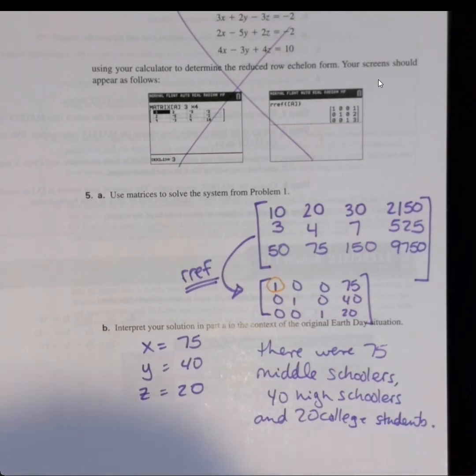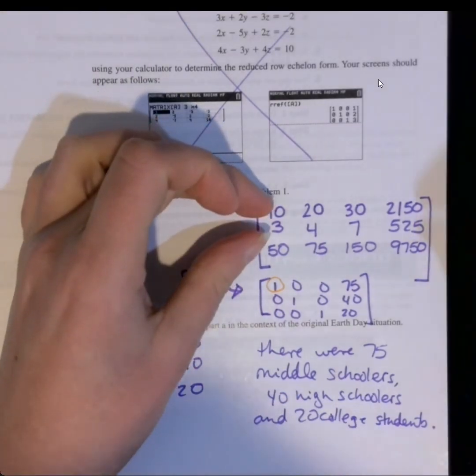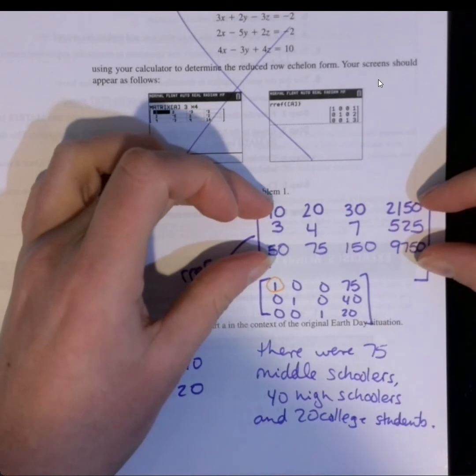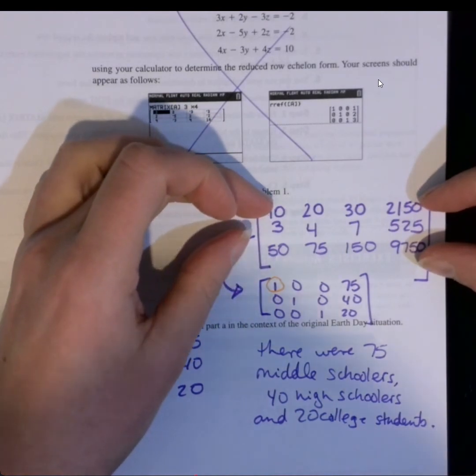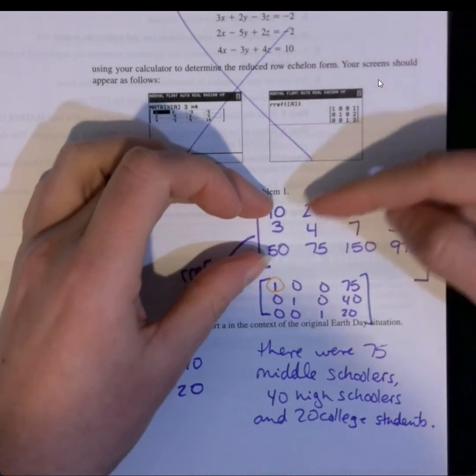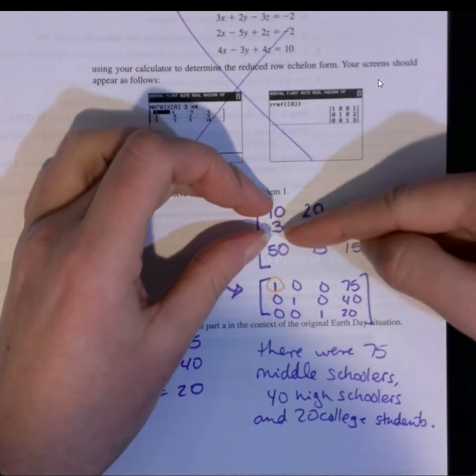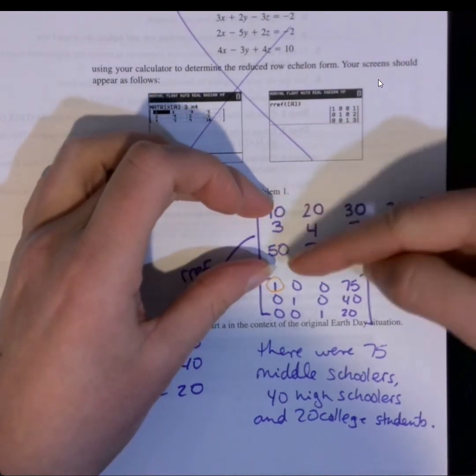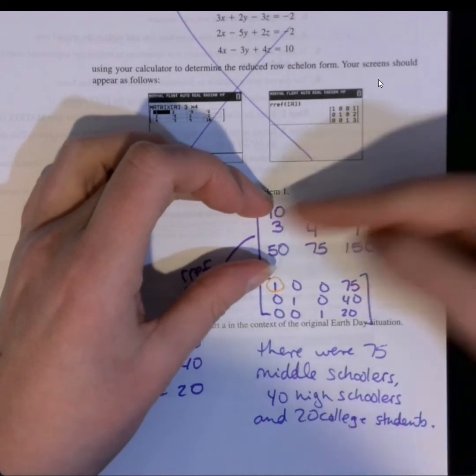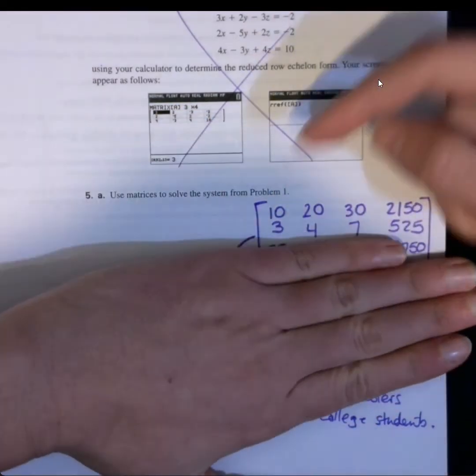All right. If I was to have done this one by hand instead of with the matrix, it would have taken quite a bit more. I would have had to do elimination with these two equations and maybe these two equations. It looks like I could get rid of x with the top two if I make them both 30s. The bottom two, the top and bottom, if I make them both 50s, I would have to multiply to get rid of the x in the first two.